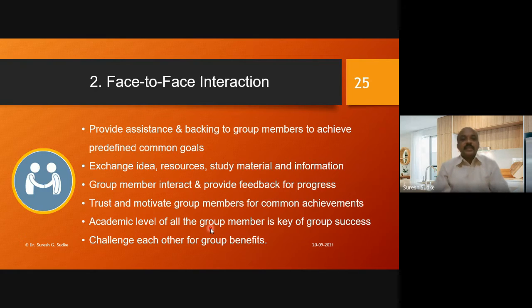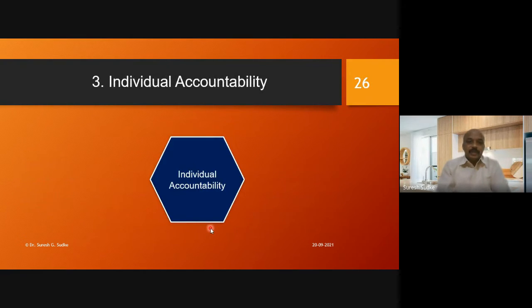And while working in the group, we should challenge each other for the group benefit. There are certain issues; if they are hampering the achievement of our group, we should challenge that particular activity. Then individual accountability.